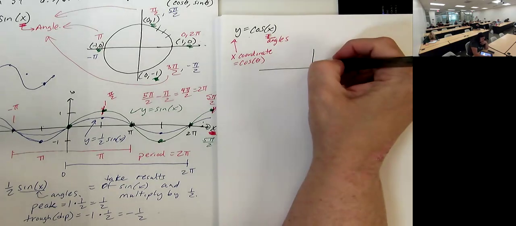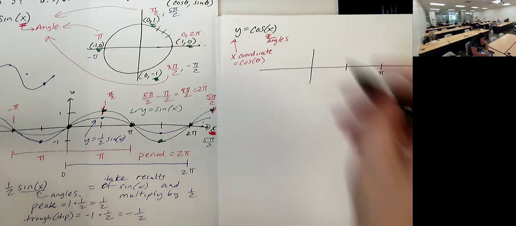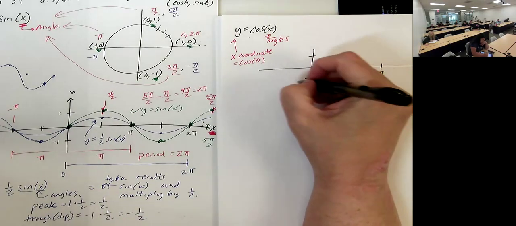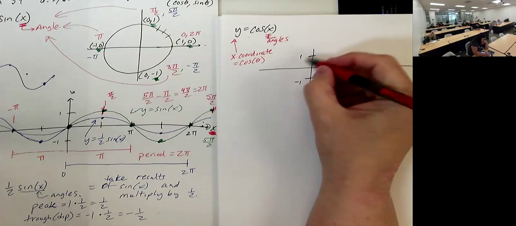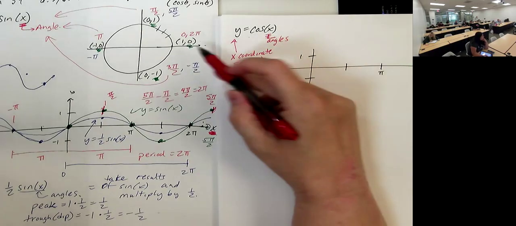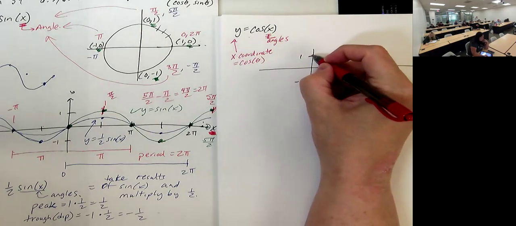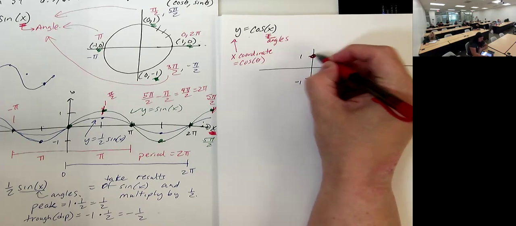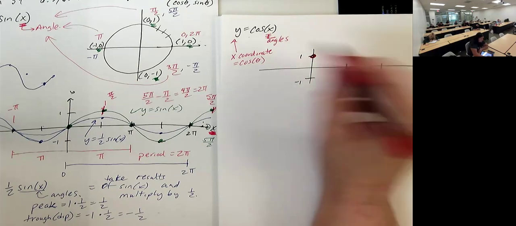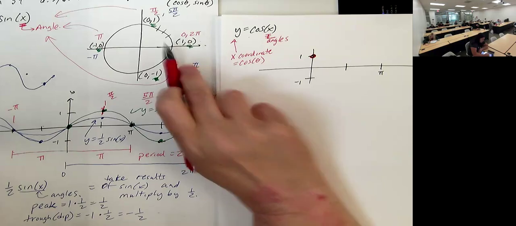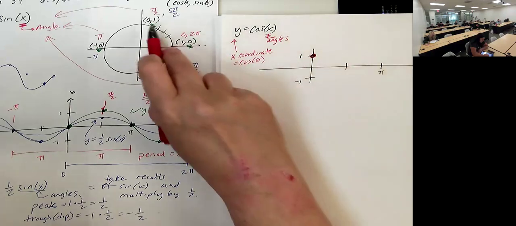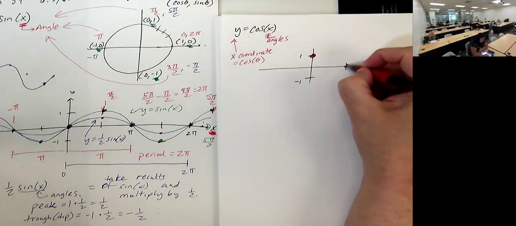So let me put a y equals 1 and -1 in there. When our radian value is 0, our output is 1. When we're at pi over 2, our output is 0.